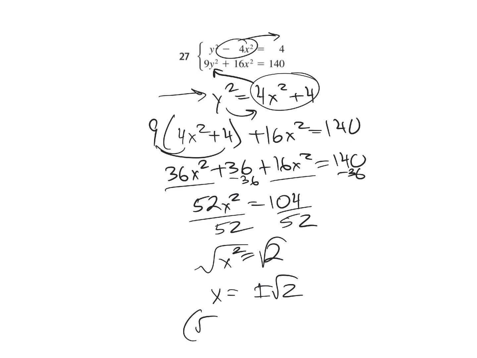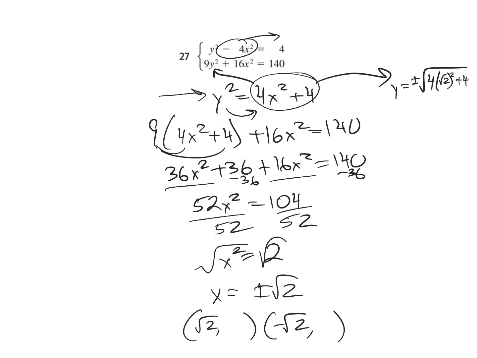All right, so you got positive square root of 2, negative square root of 2 for x. Okay, so now we're going to take this, and we have y equals plus or minus the square root of 4 times x squared. If we square the positive or negative square root of 2, it becomes positive. So we can do both of these at the same time.